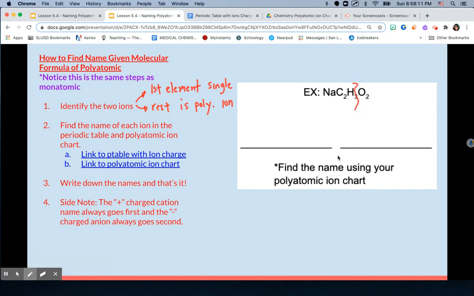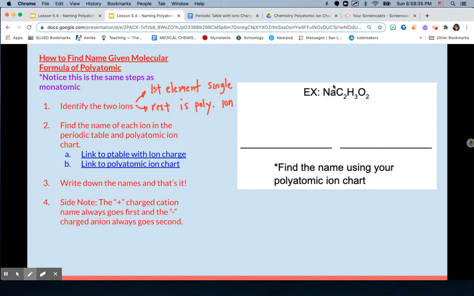How can you tell? Well, in general, a quick tip is that the first element is usually your single element, and then the rest is the polyatomic ion. And the more of these you end up doing, you'll tend to be able to kind of intuitively identify the polyatomic ion, right?